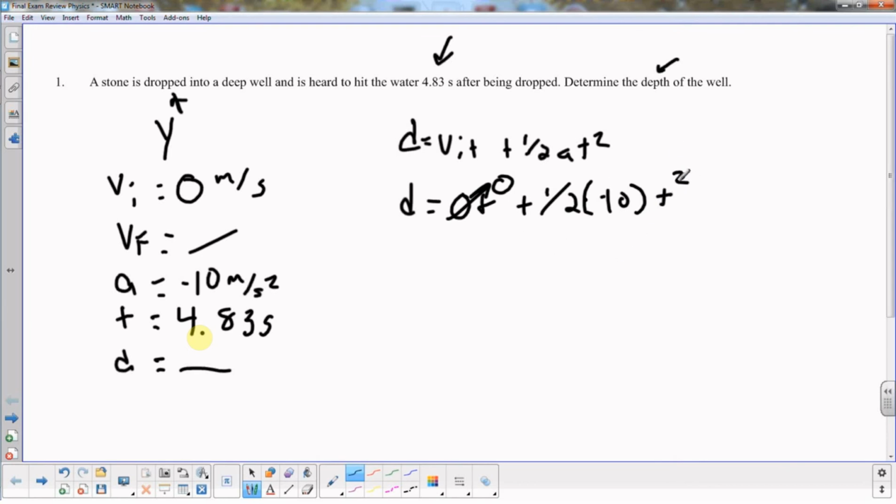And we know our t is 4.83, so 4.83 seconds squared. If we do this out on a calculator, 0.5 times -10 times 4.83 squared.